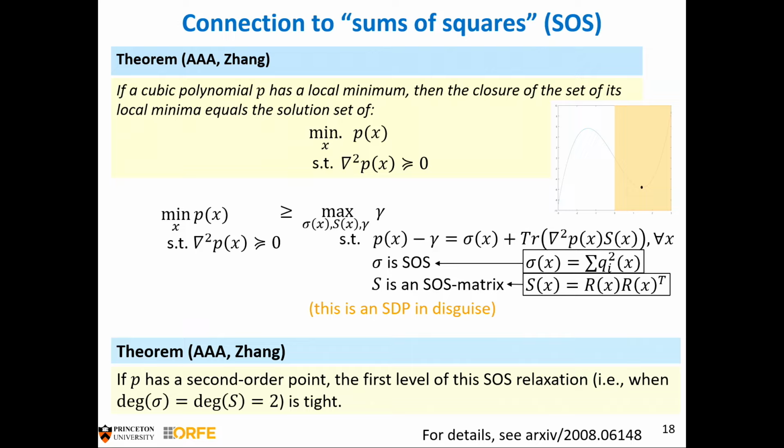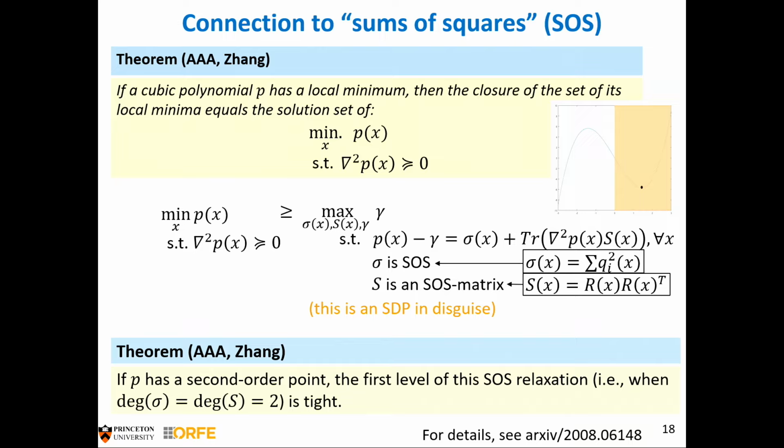The first identity imposes that p, the primal objective, minus gamma, is equal to sigma plus the trace of the Hessian times S, for all x. I claim that the optimal value of the problem on the right is a lower bound on the optimal value of the problem on the left.